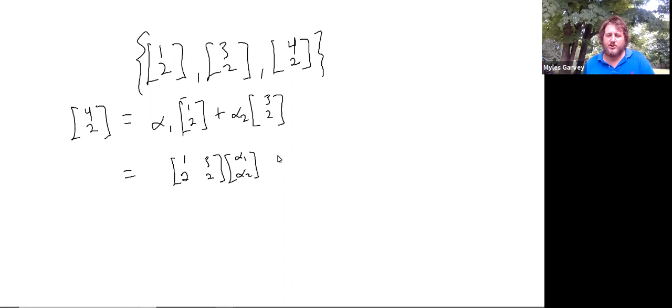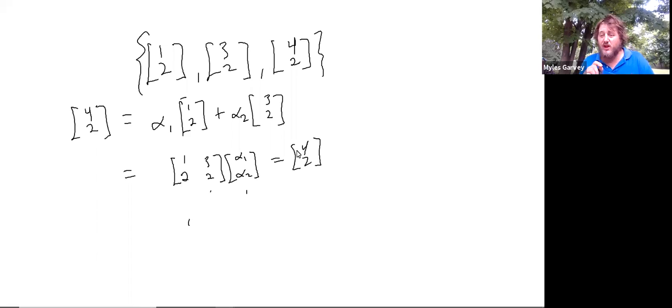So the question then is, can I find an alpha 1, alpha 2 so that when I plug it in here and multiply it by the matrix, I get the 4, 2? That's the goal, right?